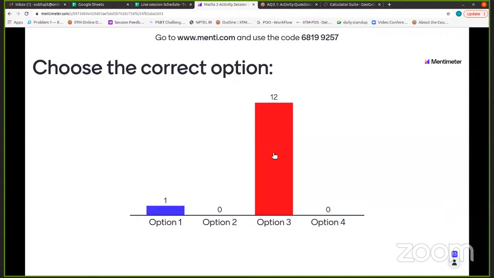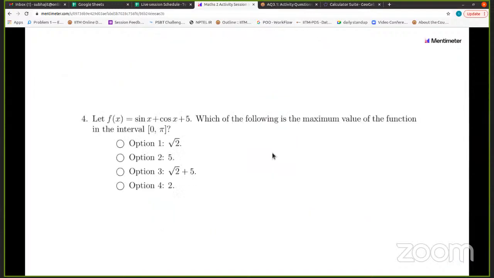Yeah. So many of you have given option 3 as the correct option. So some of you can explain it. Yes, sir. Can I?